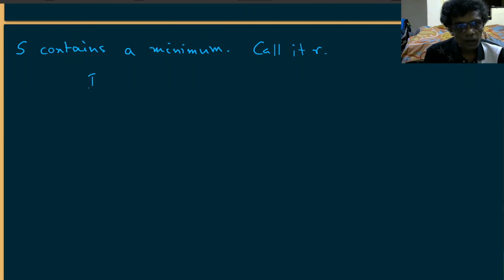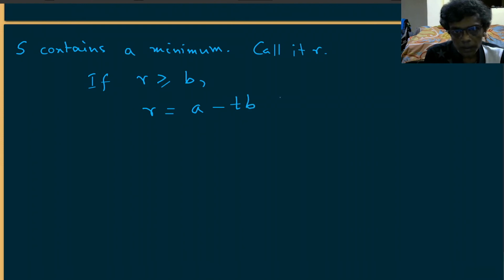So if R is greater than or equal to B, we have a situation like this: R equal to A minus TB for some T, and this is greater than or equal to B. But then if I consider A minus TB minus B, it is greater than or equal to 0. That is, A minus (T plus 1) B is greater than or equal to 0.